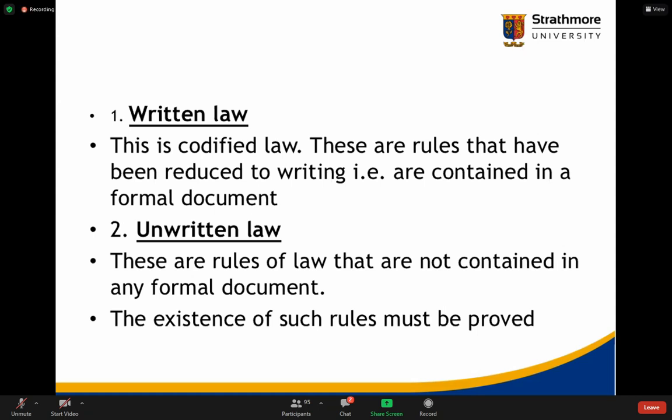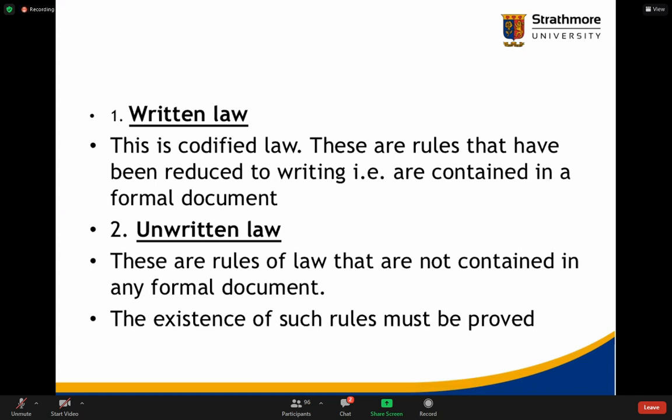Unwritten law, on the other hand, is not contained in a formal document, and it doesn't mean it is not in writing. It is law that is scattered in various sources. It can be anywhere in writing, but it is scattered in various sources. That is where the difference comes in between written and unwritten law.